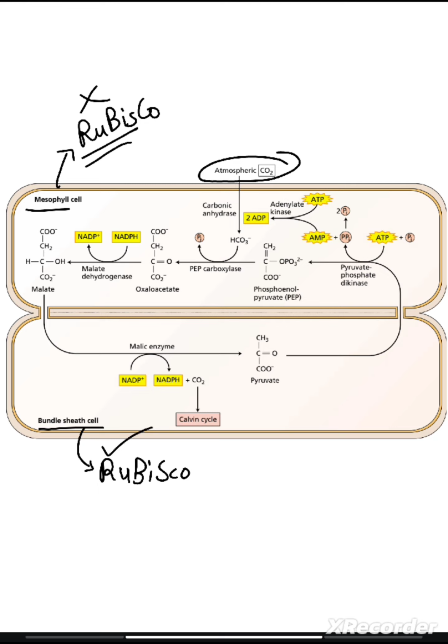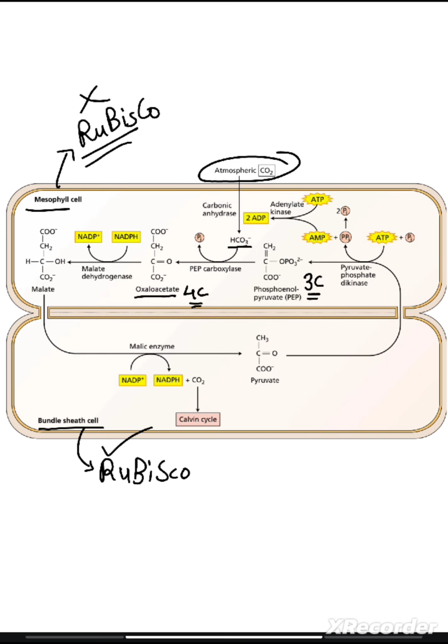Now this carbon dioxide will be taken inside, and carbonic anhydrase will convert it to a bicarbonate ion. This bicarbonate ion will be added to phosphoenol pyruvate. The phosphoenol pyruvate that you see here is a 3-carbon molecule. When you add one more carbon to this, you get oxaloacetate, which is a 4-carbon compound.